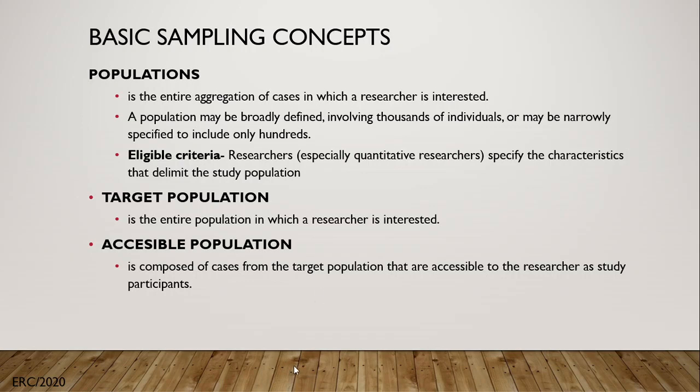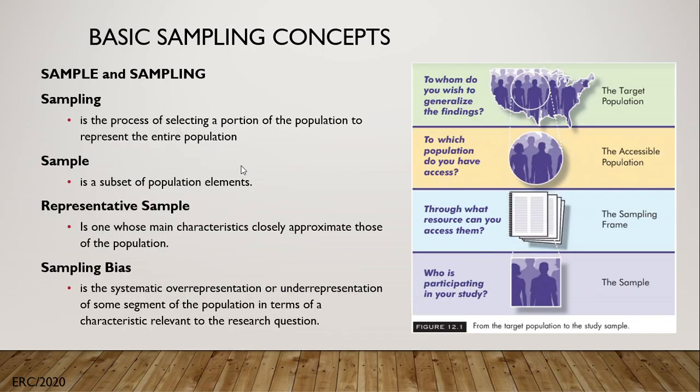Okay, next, sample and sampling. Okay, sampling, as I have defined kanina, is the process of selecting a portion of the population to represent niya yung entire population. Okay, a sample is a subset of population elements.